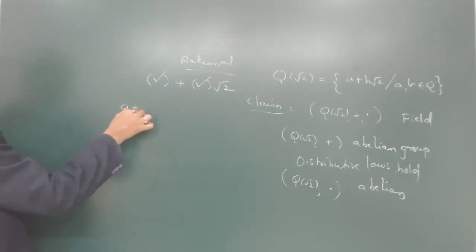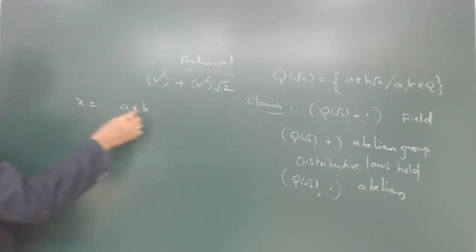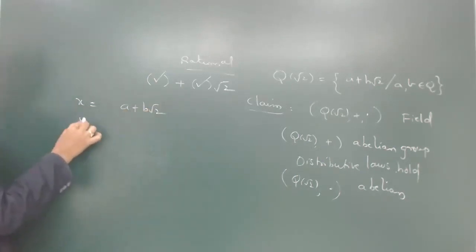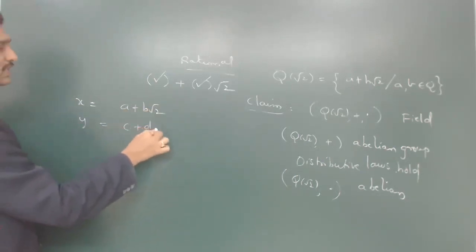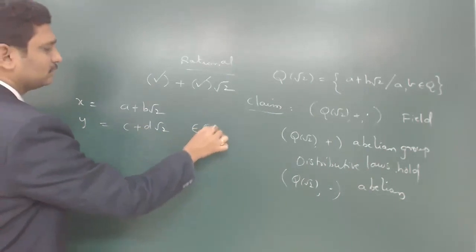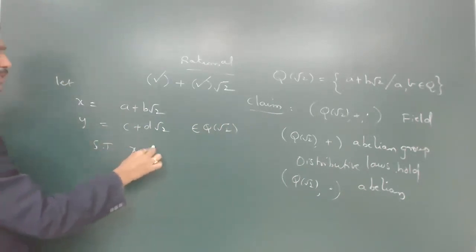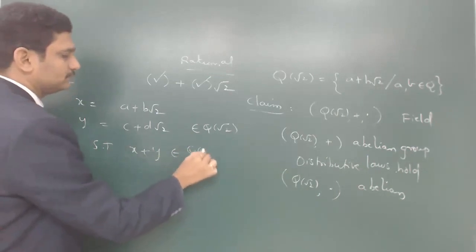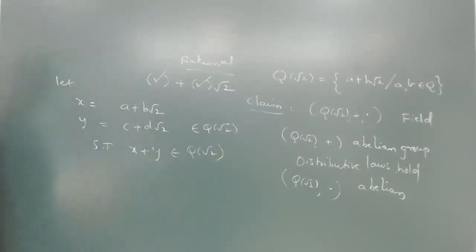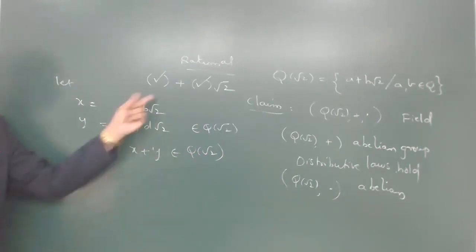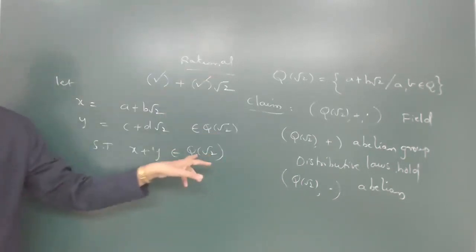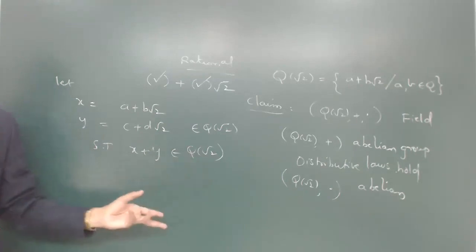If you take two elements, say x equal to a plus b root 2, y equal to c plus d root 2 in the set, to verify closure law we have to show that x plus y belongs to the same set. To verify closure law, we have to show that the sum of these two values again will belong to the same set. It is very simple.